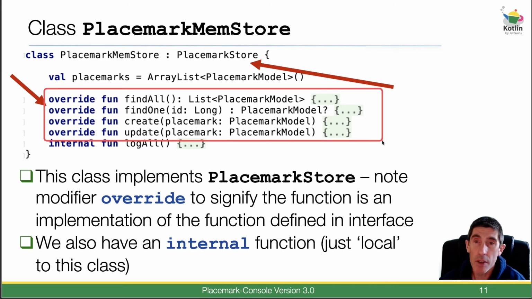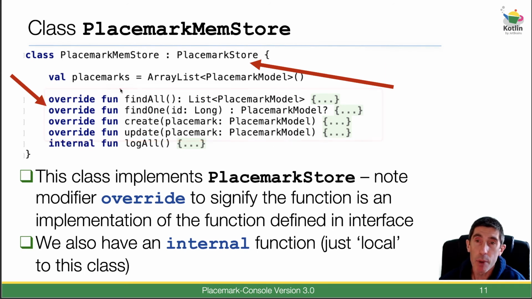That signifies that this is the implementation. For example, this one is the implementation of the method defined in our interface, placemark store. So placemark mem store is like the concrete version of that particular interface.